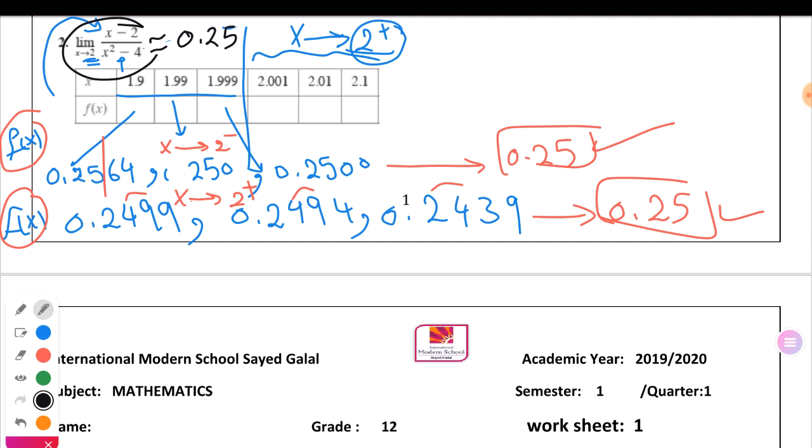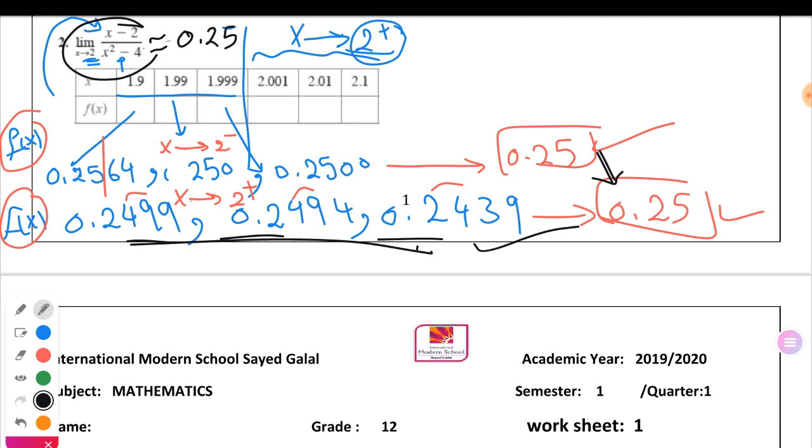Then approximate the value of f(x) when x approaches 2 from the left, then approximate the values of f(x) as x approaches 2 from the right. If the two values are approximately the same after approximation, it's okay, because here we say approaches, not the actual value, but approximately the value it looks like.